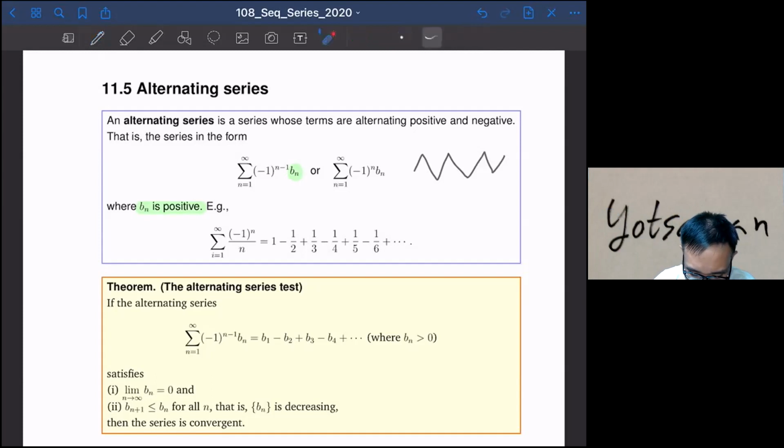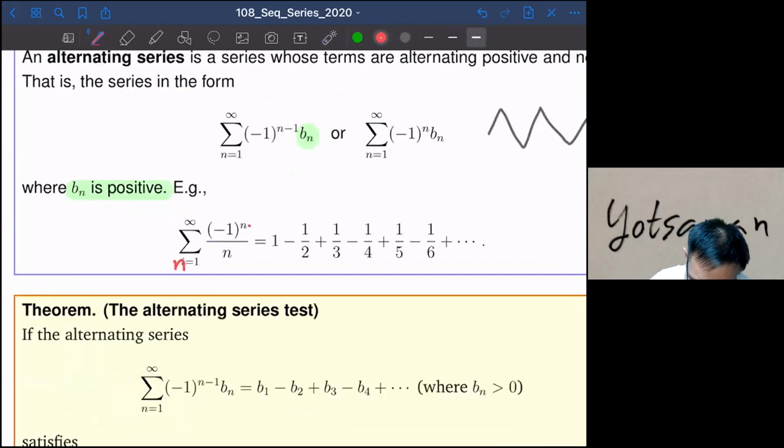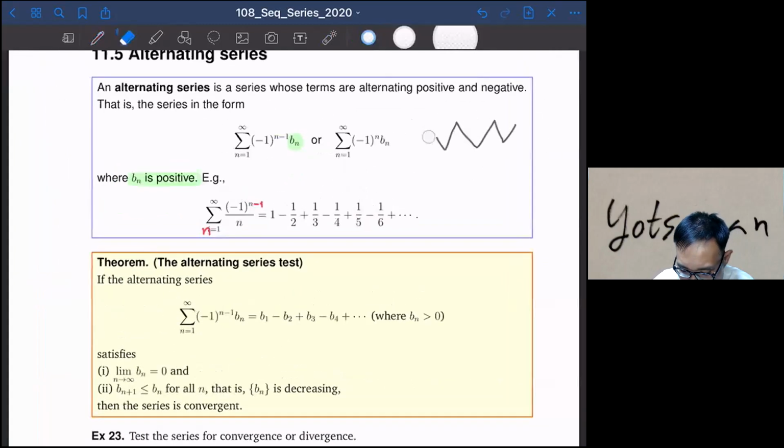For example, it's gonna be the series n equal to 1 to infinity of (-1)^n over n. Sorry, that's not correct, it should be (-1)^(n-1) over n.